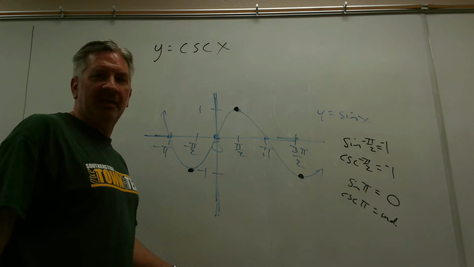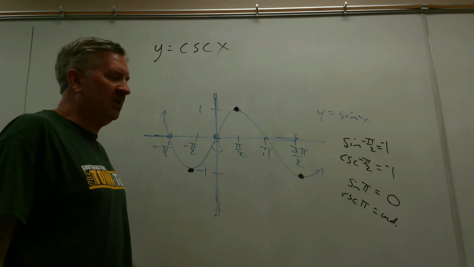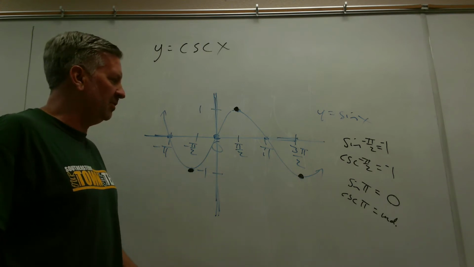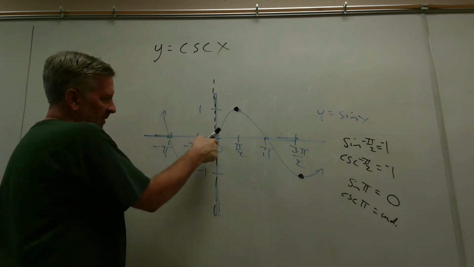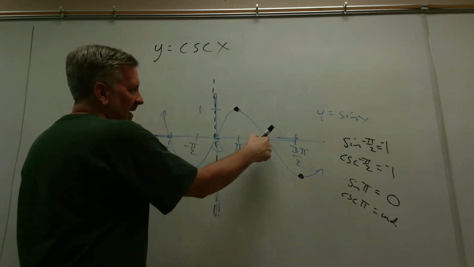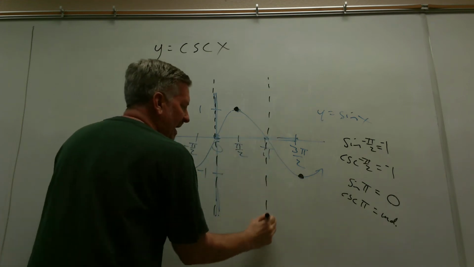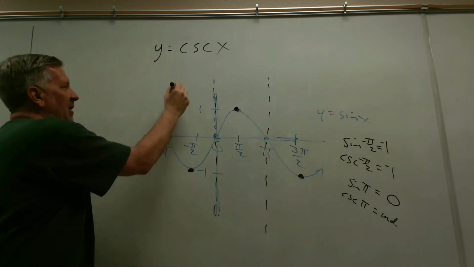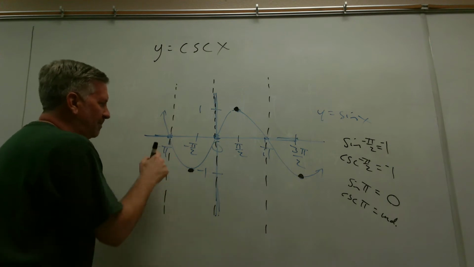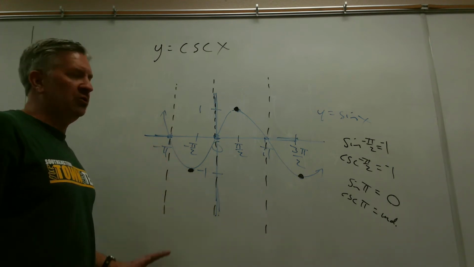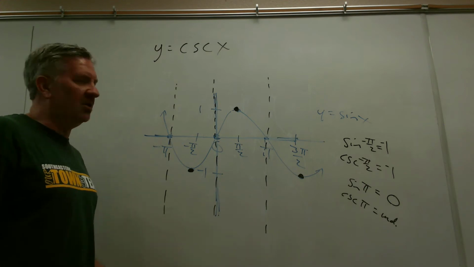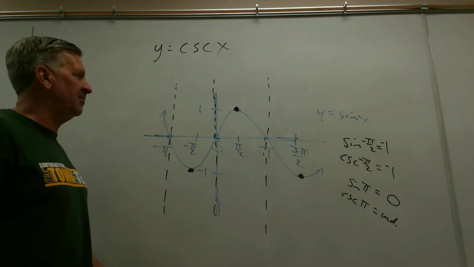So just like with tan and cotan, wherever the cosecant function is undefined, we have a vertical asymptote. So we're going to have a vertical asymptote on the y-axis because sine was 0 there. We're going to have a vertical asymptote at pi because sine is 0 there. We're going to have a vertical asymptote at minus pi because sine is 0 there. So you see the graph of cosecant is looking quite a bit different than the sine graph.